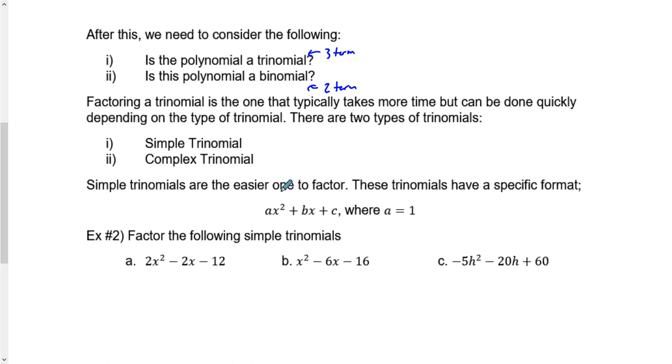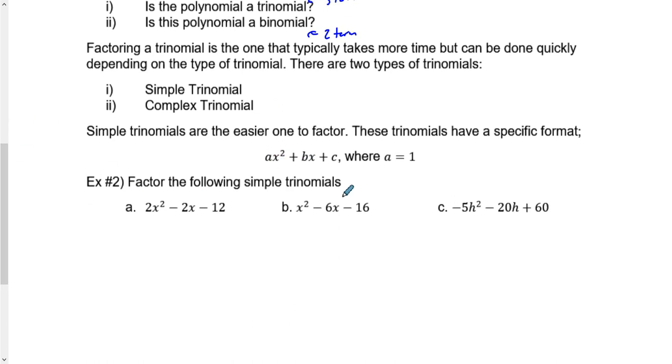Simple trinomials are obviously the easier ones to factor. These trinomials have a very specific format. They're in the form ax squared plus bx plus c, where a equals 1, so the number in front of the x squared is 1. So let's factor these simple trinomials. Well, there looks to be an issue here. We have a 2 in front of our x squared.